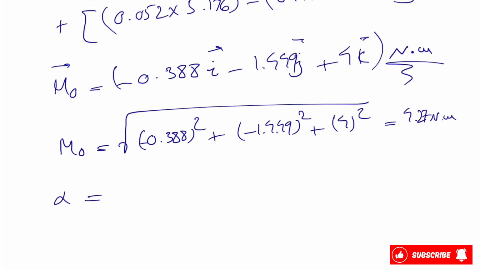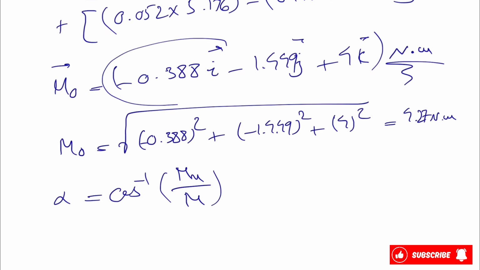And the last step would be finding the angles. If we want to find the angle with the x-axis, which we show with alpha, we simply have cosine inverse of Mx divided by M, where Mx refers to the x component of the moment, and M is simply the magnitude that we found here.